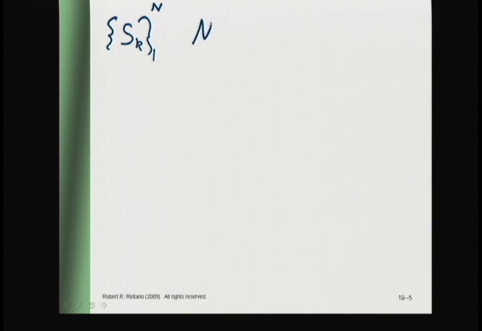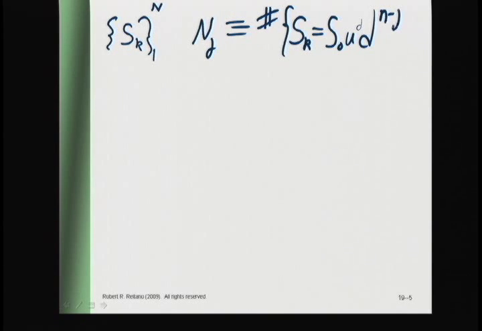And let's let N_j denote the number of stock samples that equal the jth price in the binomial lattice, and we'll write that as S0 u^j d^(n-j). So these N_j are defined from 0 up to little n, right? Because we have little n plus 1 stock prices at the end of our lattice.